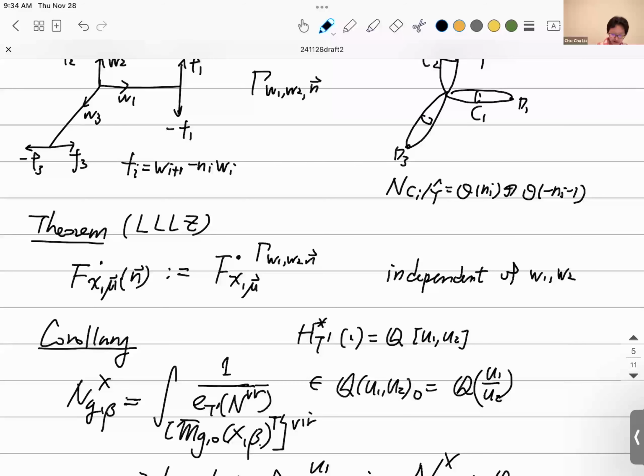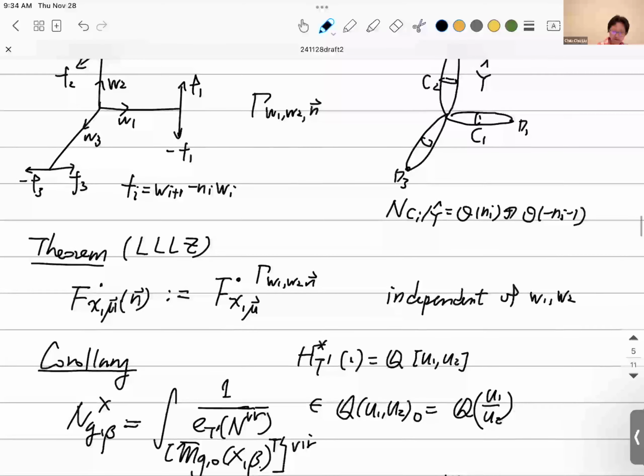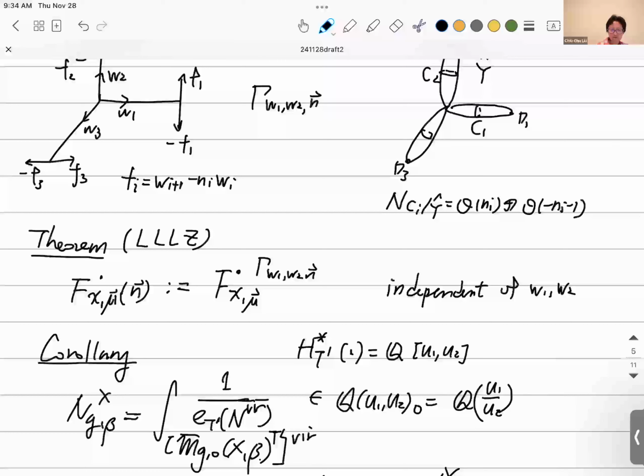the image will be contained in the one skeleton, and actually it is contained in the union of torus invariant P1s. So the torus fixed point set is actually always compact. So we can use this formula to define the equivariant invariant.